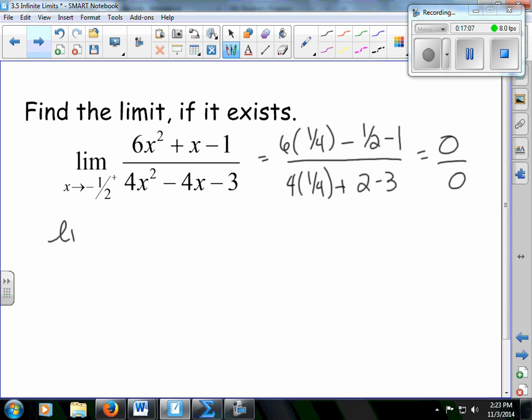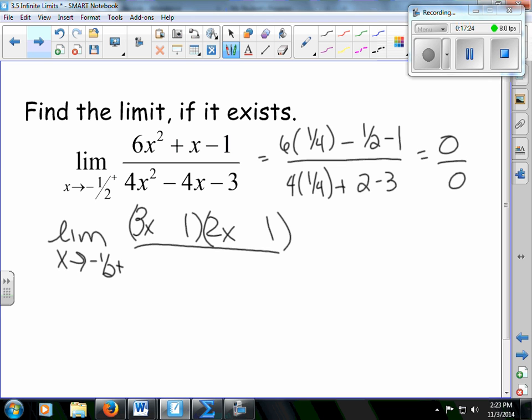Work harder. So I'm doing the limit as x approaches negative 1/2 from the right. I need to factor this, right? On top, 1 and 1 are my only options there, and 3x, 2x. I want a positive x in the middle, so I should do plus 3x and minus 2x when those multiply together.